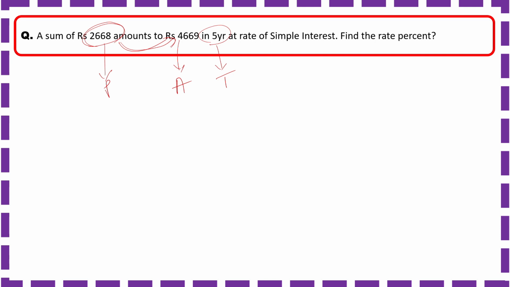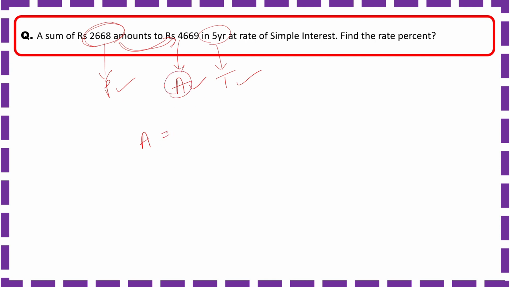So we need to find the rate of interest. We know principal, we know amount, we know the time period. In simple interest, we have two formulae. First one is PNR by 100, and the second one is amount. Whenever we know amount, or if we want to calculate amount, just use this formula.